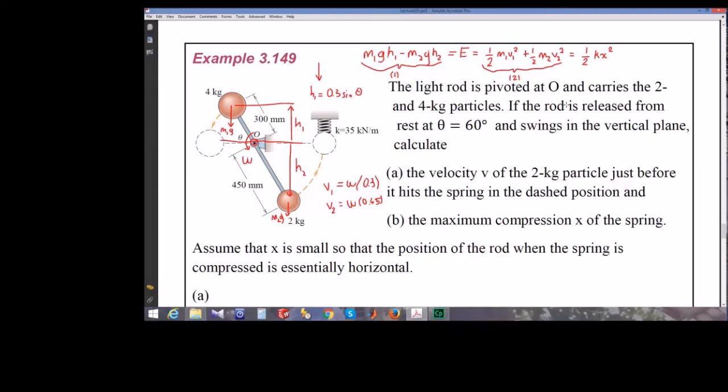So the amount of deflection will be very small. Now, if you had to include the x in terms of, let's say, the potential energy change, then x will be the amount of distance that will be covered in this direction.